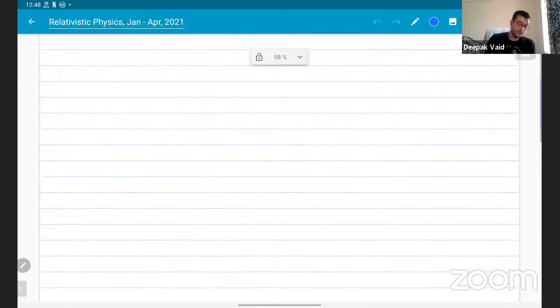So finally, we can write down our Hamiltonian: minus h bar squared by 2m gradient of psi squared.